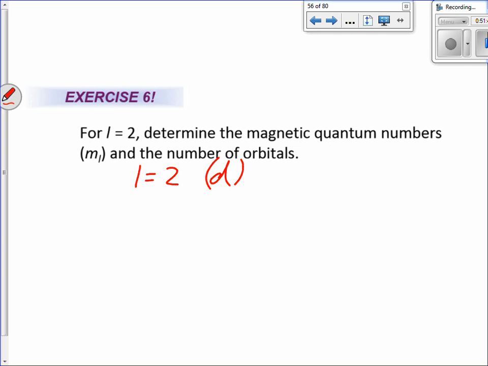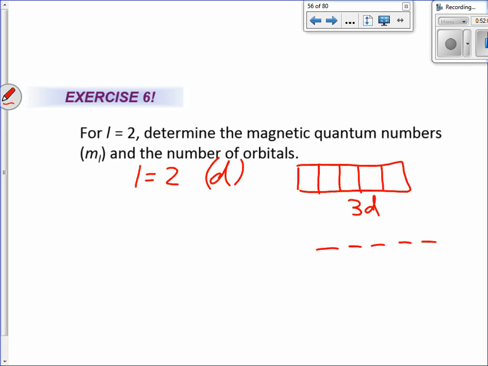Number of orbitals: what's the possible number of orbitals in a d? How many orbitals does a d have? 5. 5 blanks. 5 boxes, right? So that could be like 3d or 5 lines.